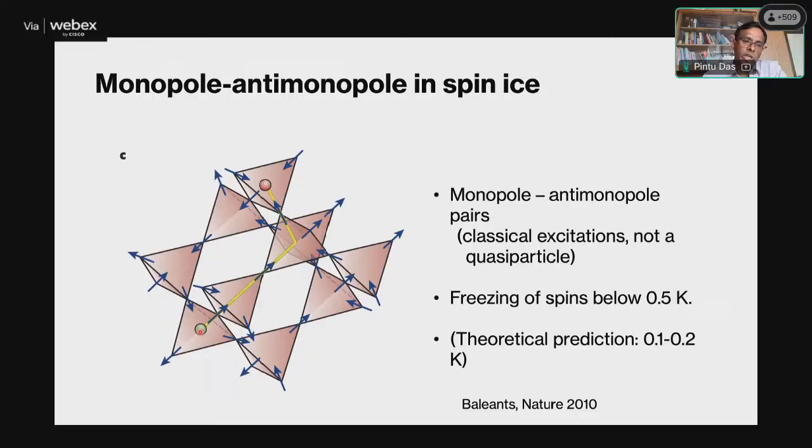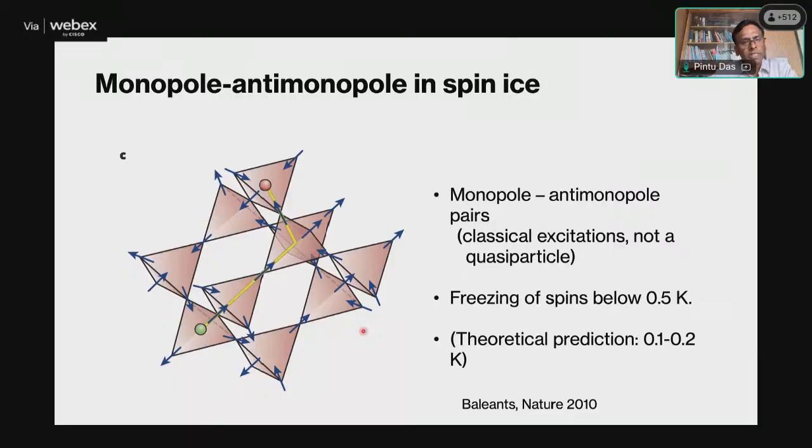These monopoles are not really quasi-particles. These kinds of excited states were observed in experiments. I'm not going to talk about this in detail. But as I said, the freezing of these spins is possible below a certain temperature, and that's why one can also call it a classical spin liquid state.